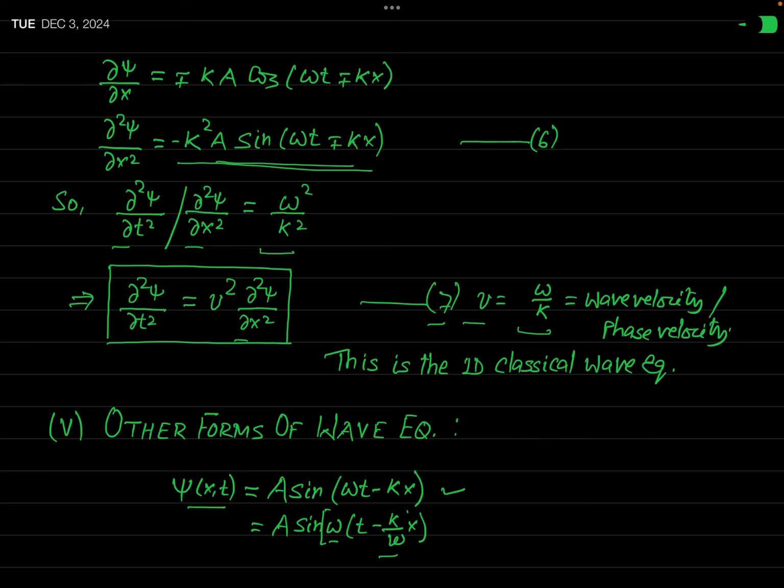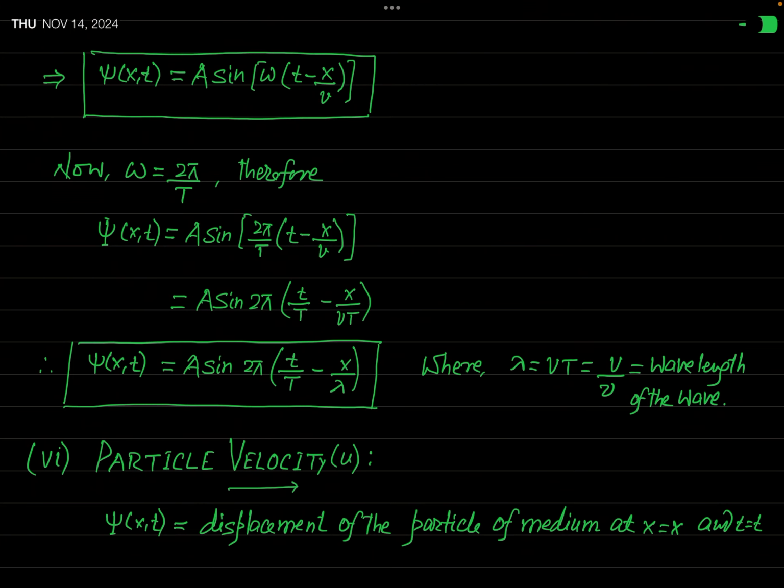And as you know that omega over k is equal to v, so k over omega will be equal to 1 over v. So psi of x,t can be written as a times sine omega times (t minus x by v). This is another important form of this wave equation.